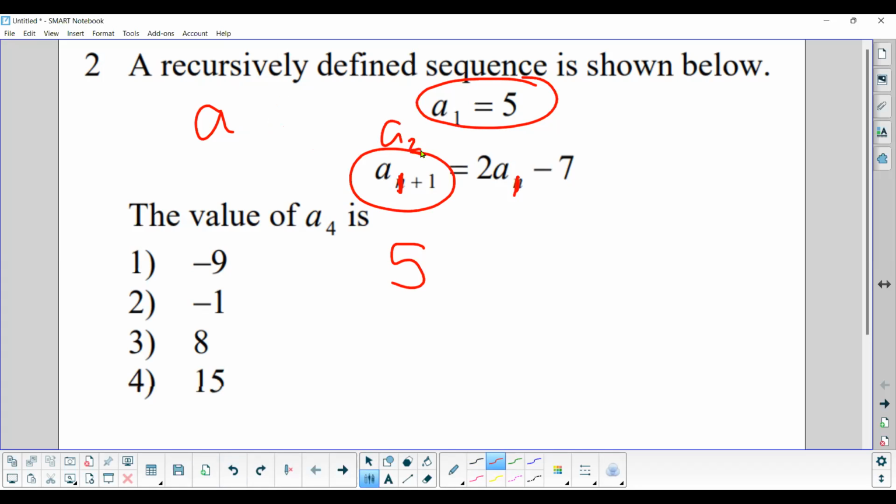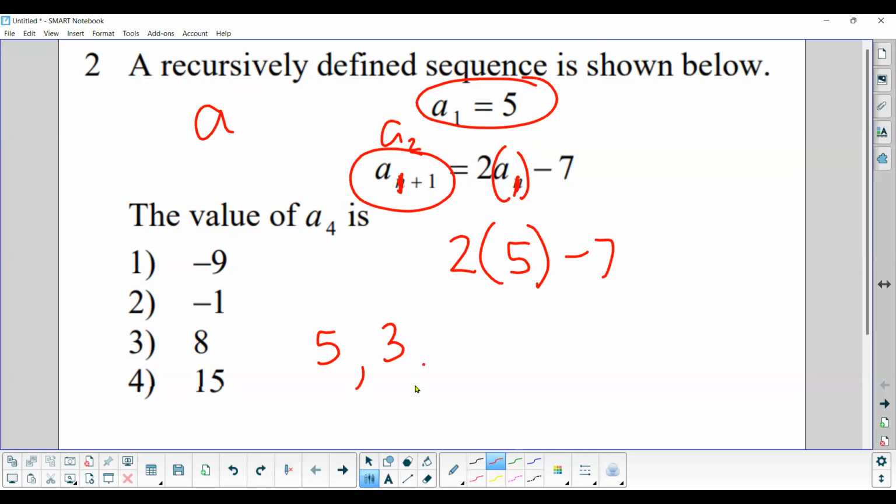So to get a sub 2, I have to multiply 2 by a sub 1, the previous number, which is 5. So 10 minus 7 is 3. I had a 5, and the next is 3.